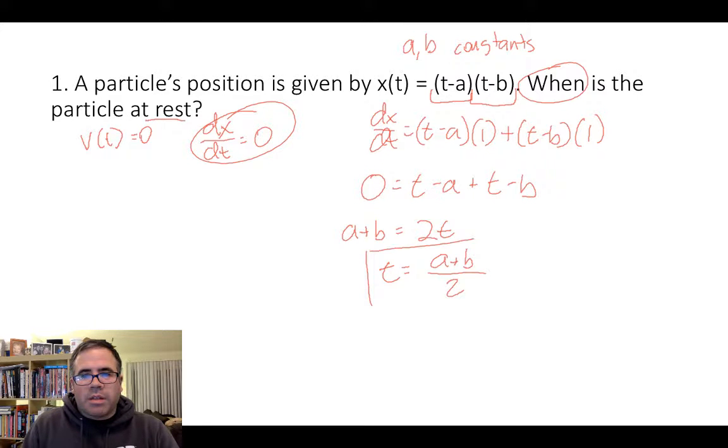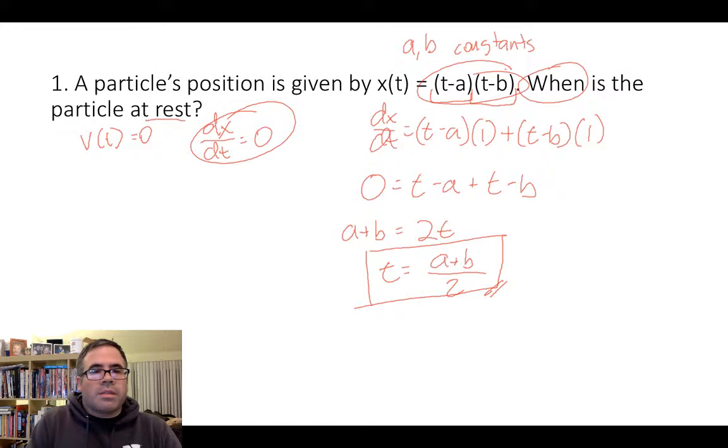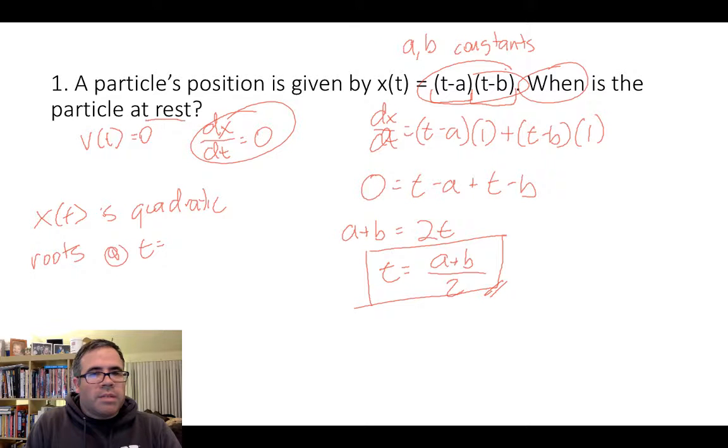That is our answer. Now, did you need calculus to find this? No, you didn't need calculus to find this. If you recognize that this is quadratic, and it's given in factored form, so it has roots when t equals a and t equals b.